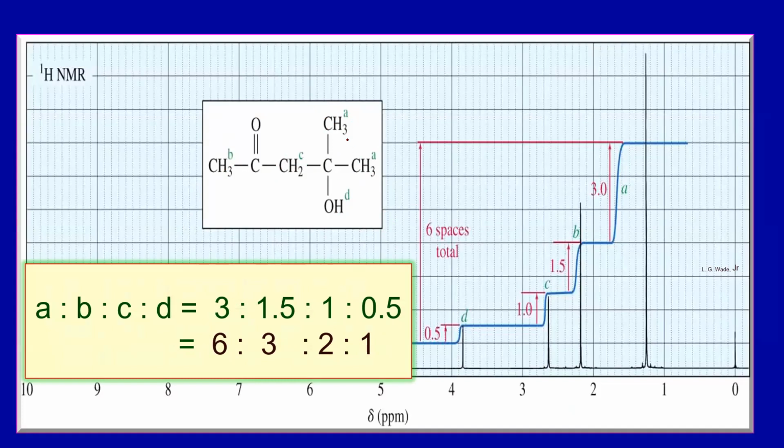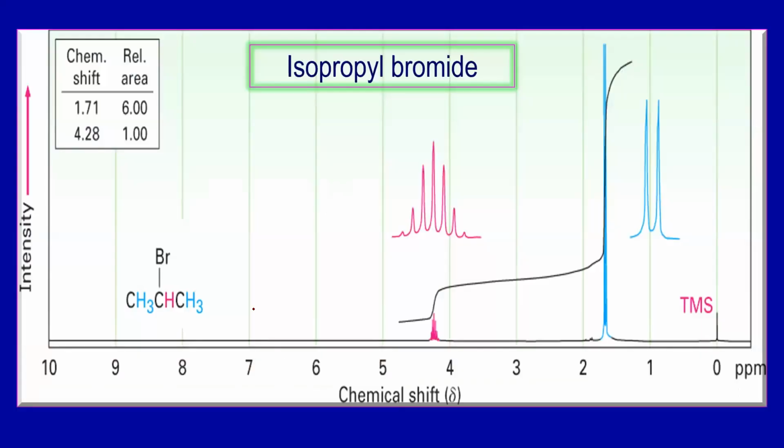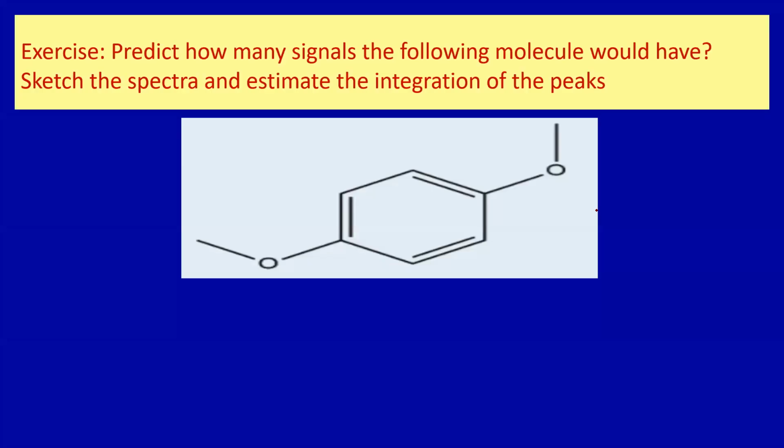So 6 hydrogens, 1 peak, 3 hydrogens, another peak, 2 hydrogens, another peak, and 1 hydrogen, the last peak. This is how you identify the number of protons in each set. Look at here, 1:6. Say if we say 1 centimeter, this will be 6 centimeters, like that.